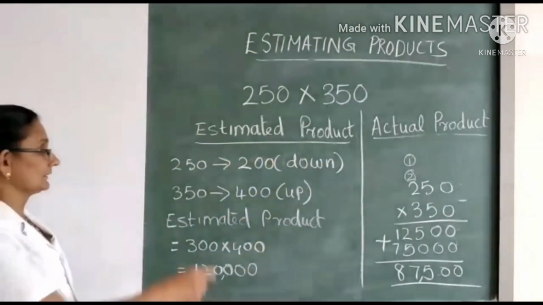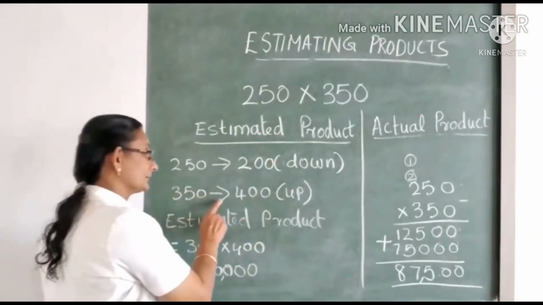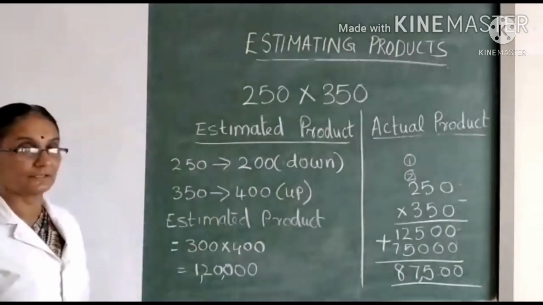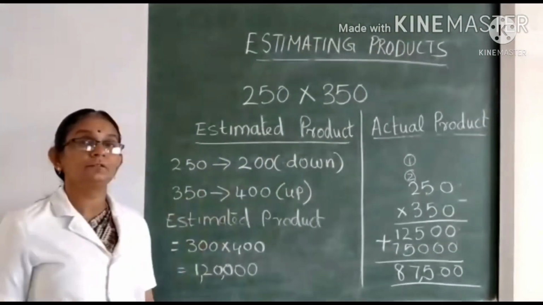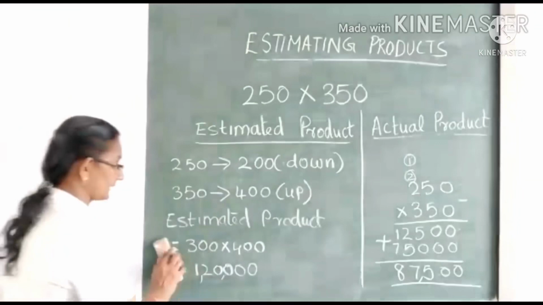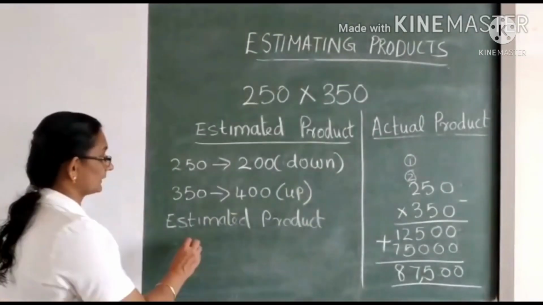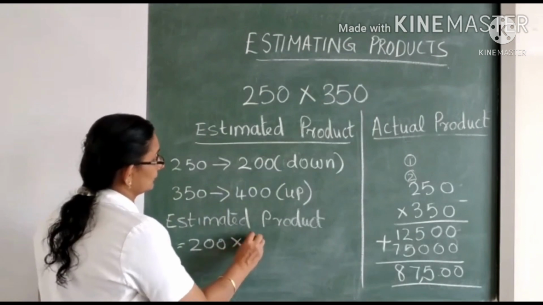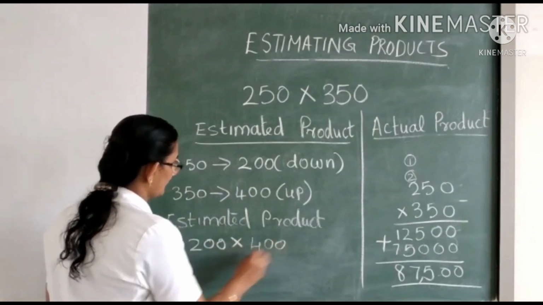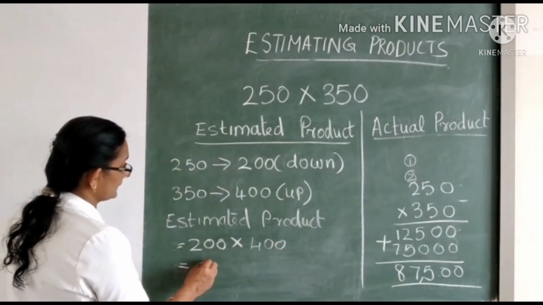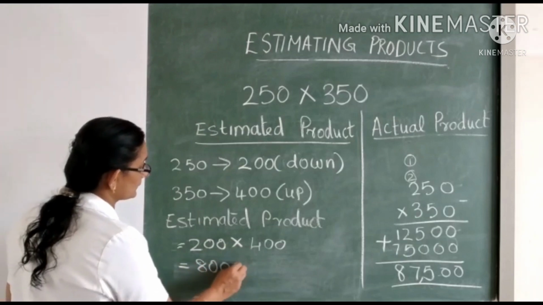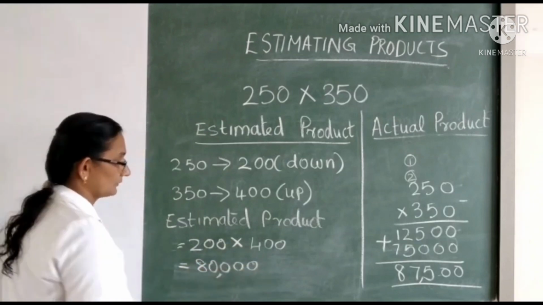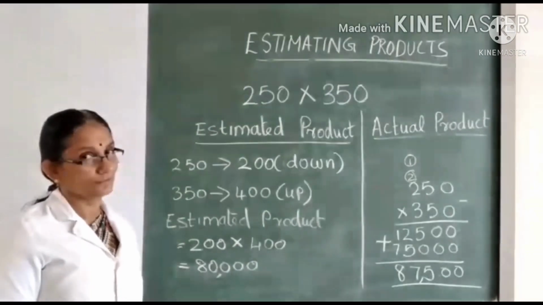Okay, and let us keep the other number the same, that is rounding upward. Now let us find the estimated product. Estimated product now will be equal to 200 into 400. 2 into 4 is 8, and put 2 zeros to the right. Now we got the answer as 80,000.